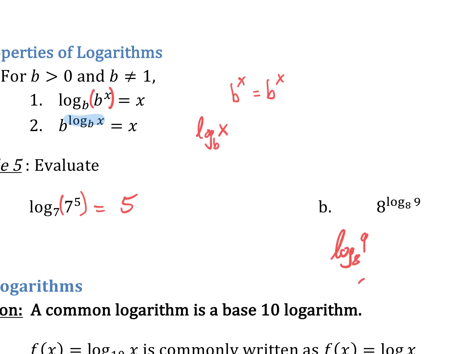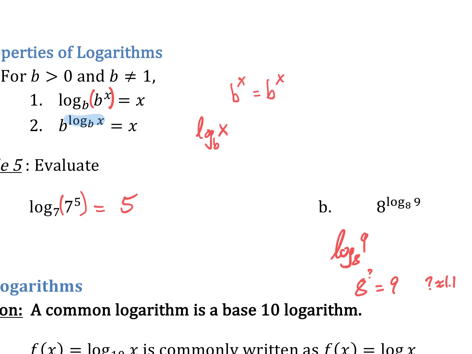This number exists. I'm not exactly sure what it is. 8 to the question mark equals 9, all right? So that's what this is. I would say that this number is a little bit bigger than 1, maybe 1.1, making a total guess, all right? So it's something like that.